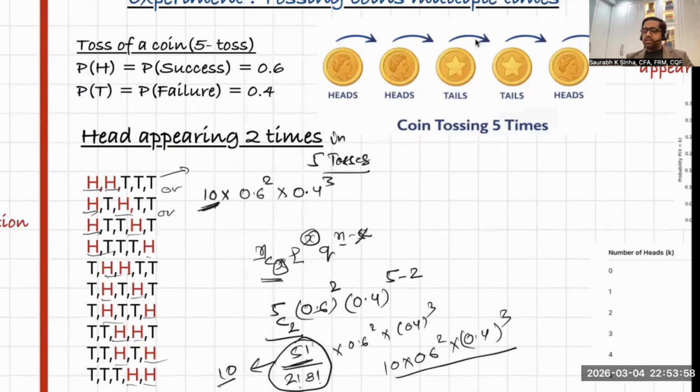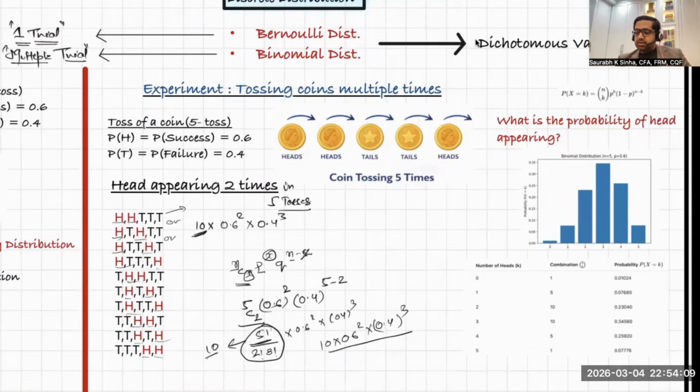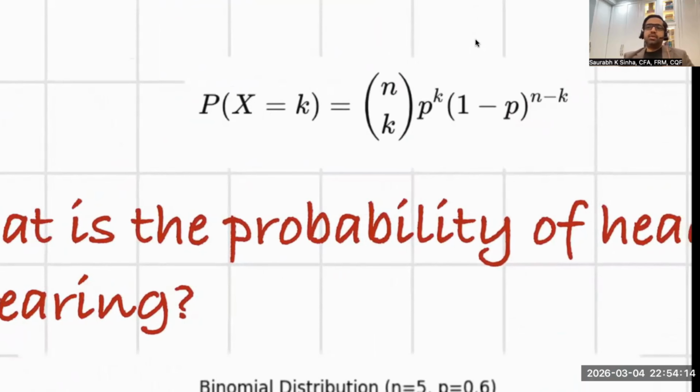Final. And that is the probability mass function: NCX, p to the power x, q to the power n minus x. It was written on your slide in the previous slide as well.